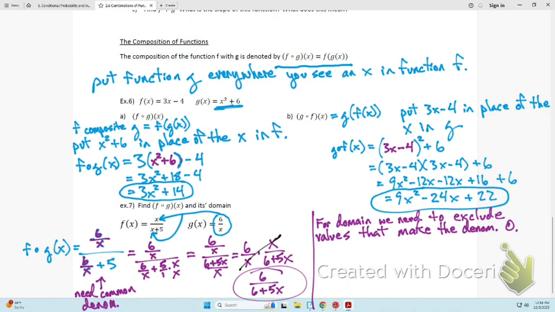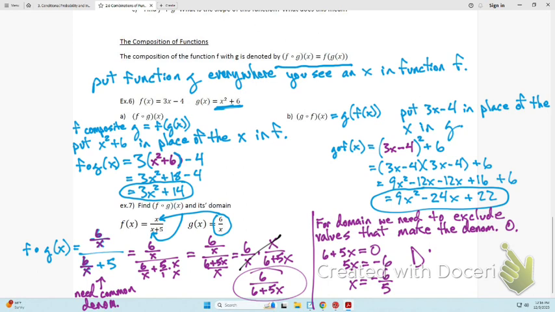So you set the denominator equal to 0 and you solve. So I'm looking right here and I set that denominator equal to 0, solve it, subtract 6, divide by 5, and that is the number right there that would make the denominator 0.